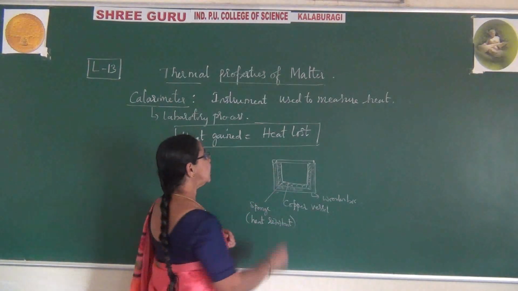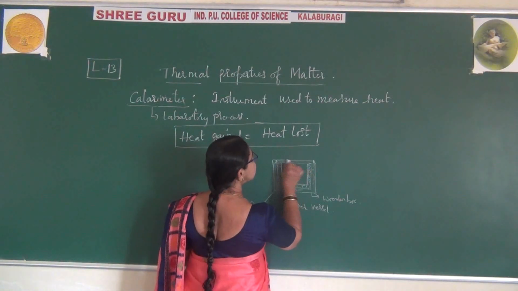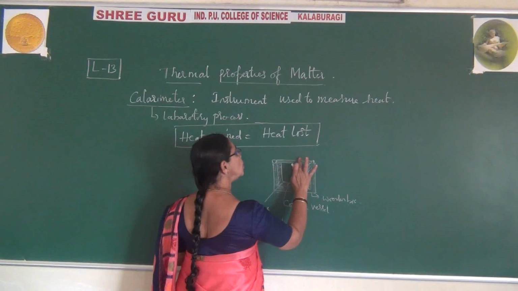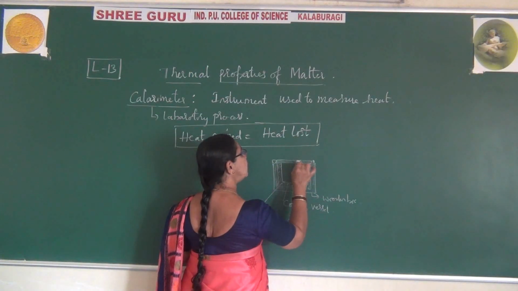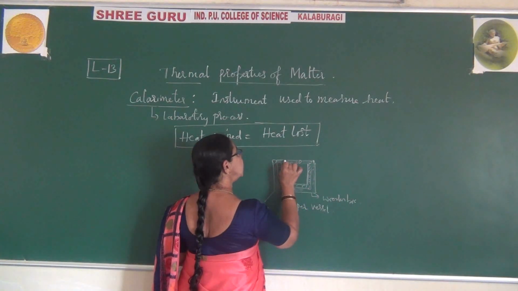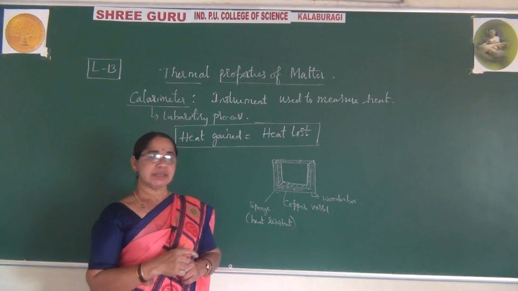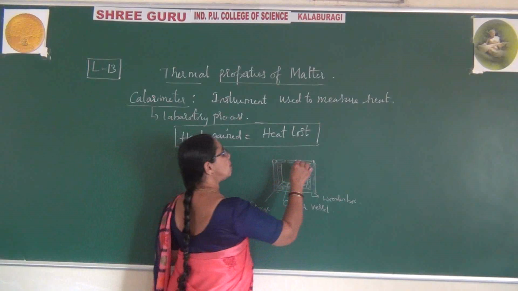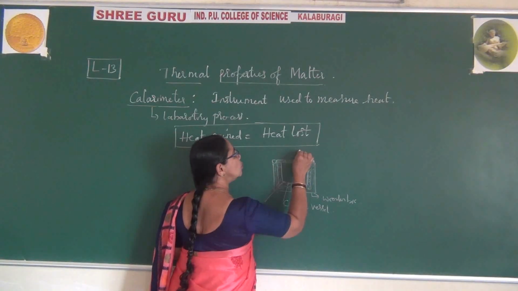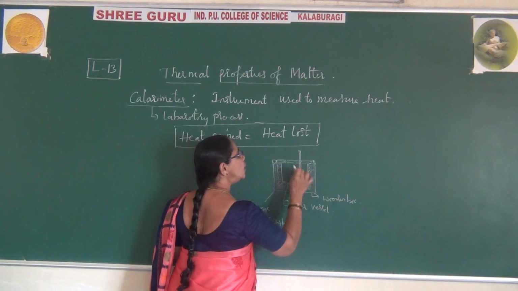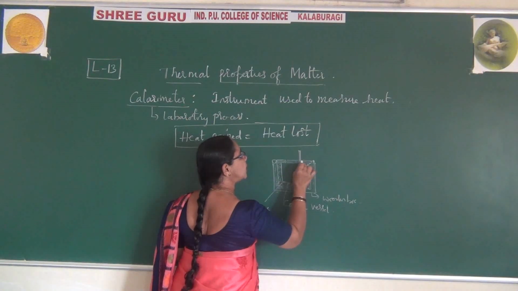Okay, and here we have a lid. The lid has two holes. One hole will be here, another hole will be here. In one hole we are placing a thermometer. This hole is made to put the thermometer inside.